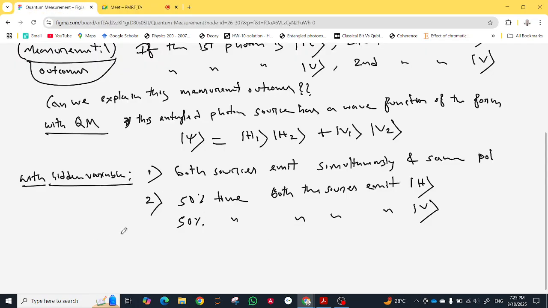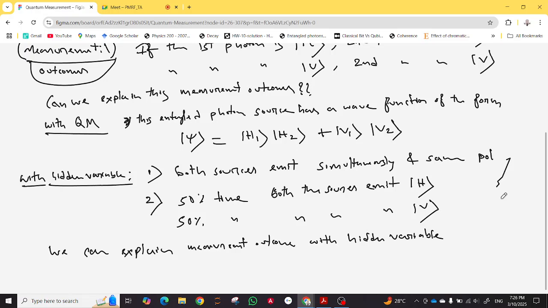There is no problem with hidden variables. We can explain the measurement outcome with hidden variables. These two are the hidden variables here.